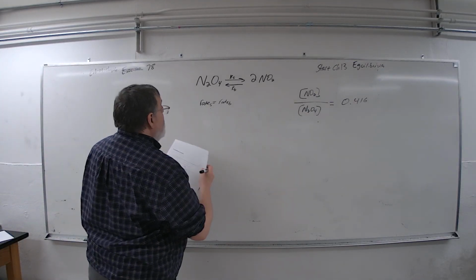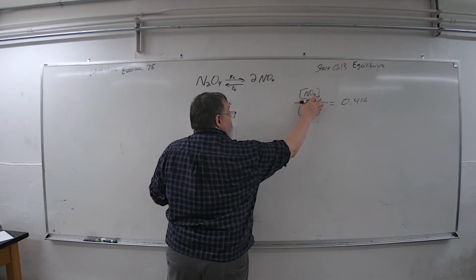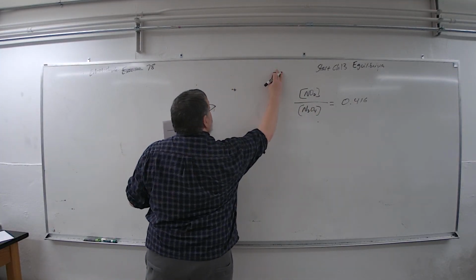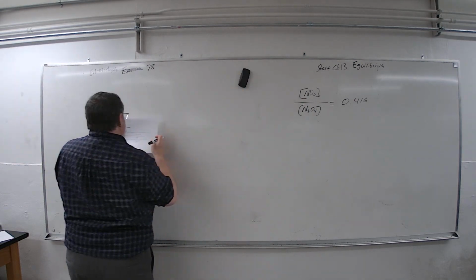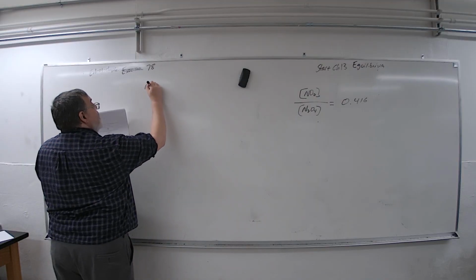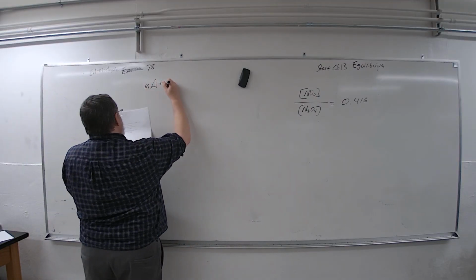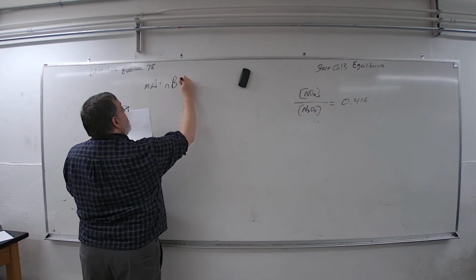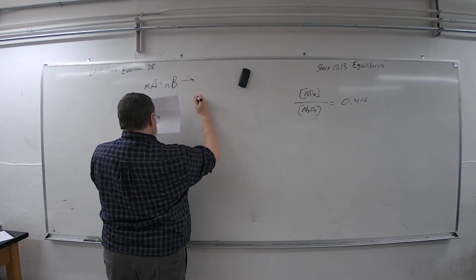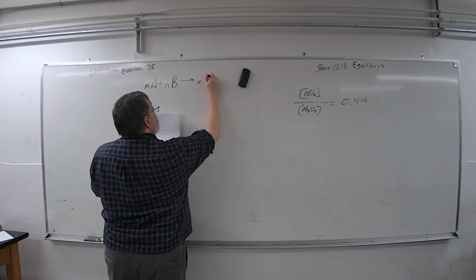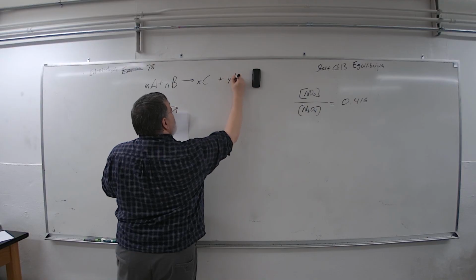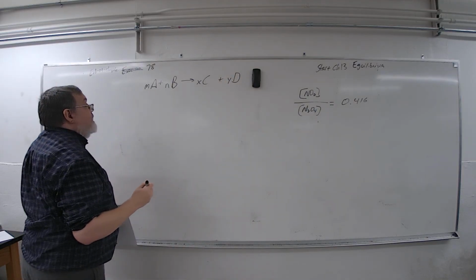Okay. In general, we don't really use an equation this simple. The equation is a little more complicated than that. NA plus NB. So these are the coefficients for the reaction. XC plus YD.